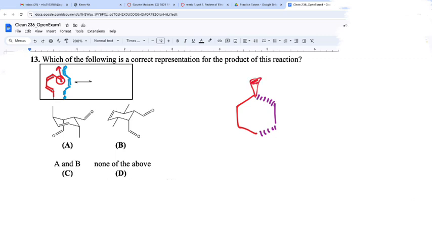So that methyl will be wedged. The other methyl may be hard to see until you draw on the implied hydrogen. The implied hydrogen gets pushed up, just like the original methyl, which means that second methyl gets pushed down.